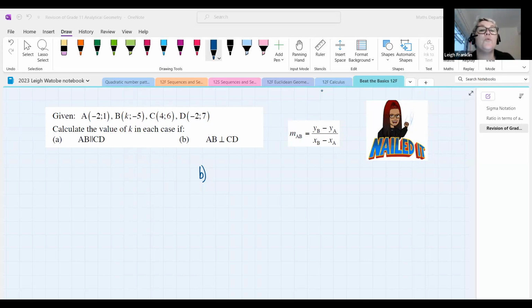In other words, just correct me if I'm wrong. If we first work with the gradient of line CD, you would have said change in y, so that would be 7 minus 6, over change in x would be -2 minus 4, multiplied by the gradient of AB. Okay, so change in y, that would be -5 minus 1 over change in x.